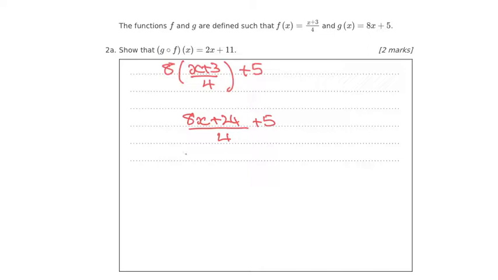Which is equal to 2x plus 6 plus 5, which is equal to 2x plus 11. Therefore, proved.